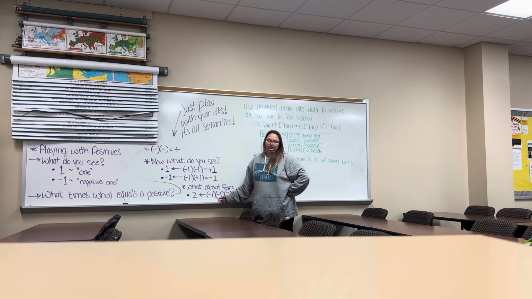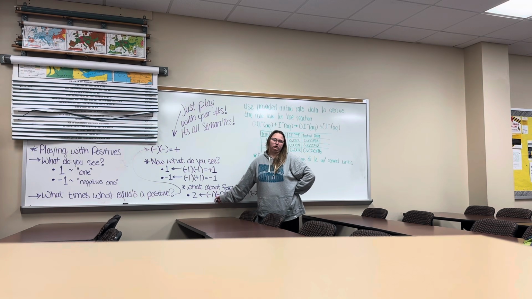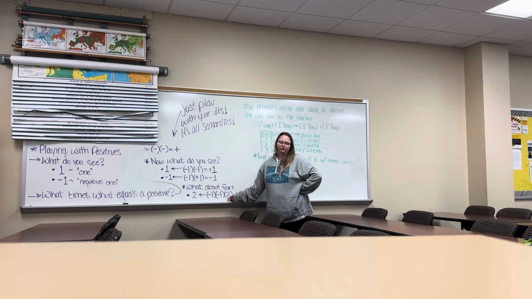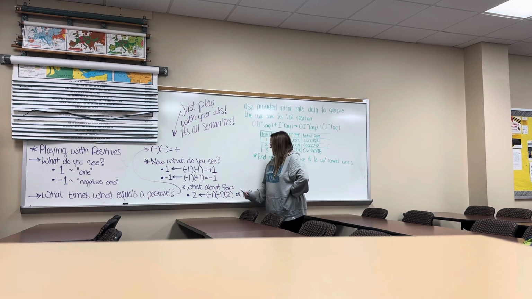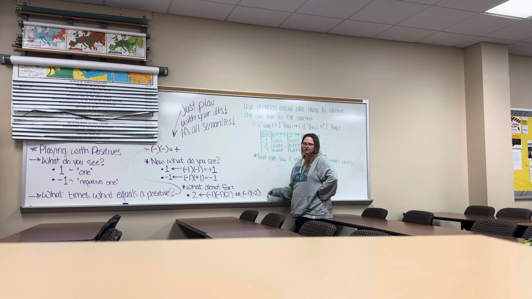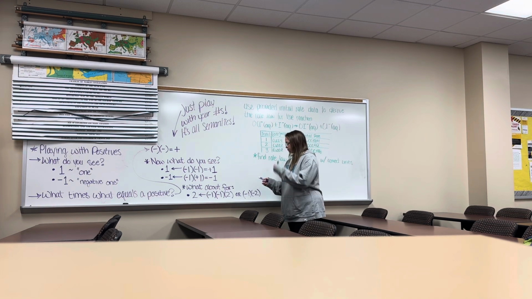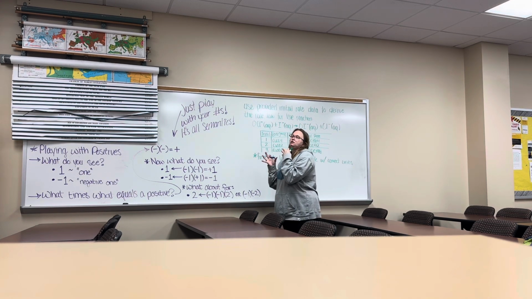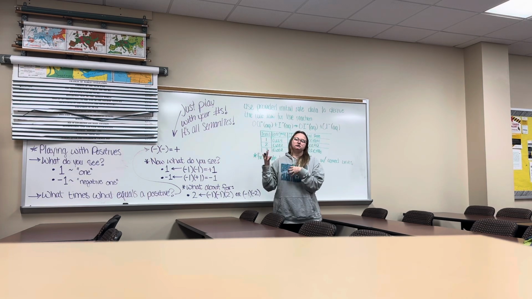You should also see a -1 and another -1. -1 times -1 equals a +1. +1 times a +2 equals a +2. There's another option. -1 times -2 equals a +2. So you have a couple of different options to wiggle around your equations to be able to fit things in.